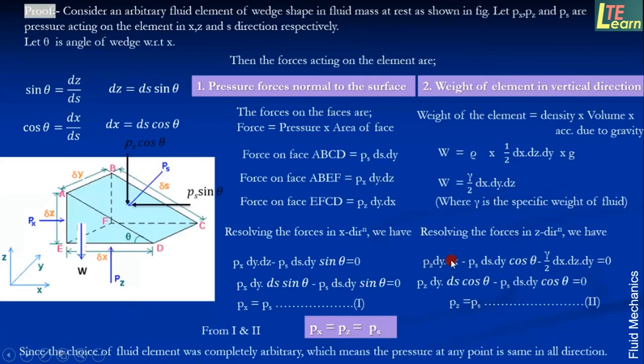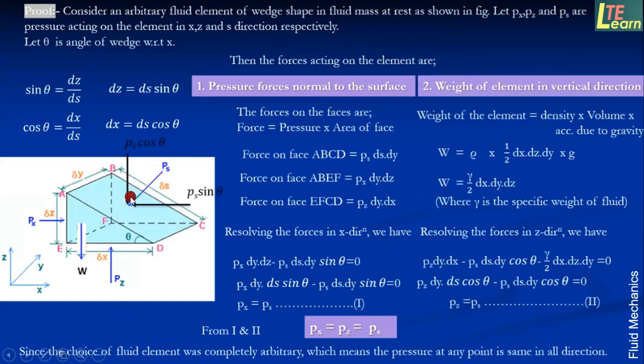Next force, that will be what? Resolving the vertical component of this ps. So the component of this ps will be ps cos theta, because the angle between these two is theta. Ps cos theta, this is pressure intensity multiplied by area. Area is what?